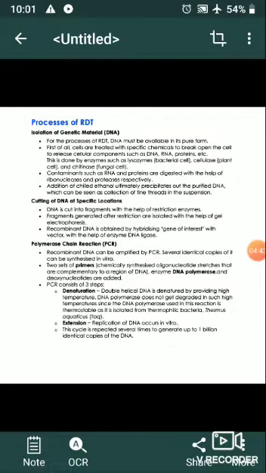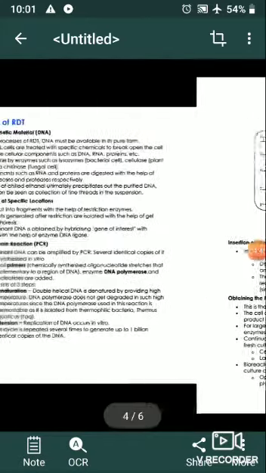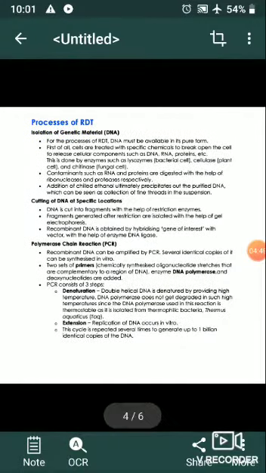Polymerase chain reaction, as shown in the figure: several identical copies of DNA can be synthesized in vitro. Two sets of primers, chemically synthesized oligonucleotide structures that are complementary to a region of DNA, are used. The enzyme DNA polymerase extends the primers using nucleotides provided in the reaction, with genomic DNA as a template.